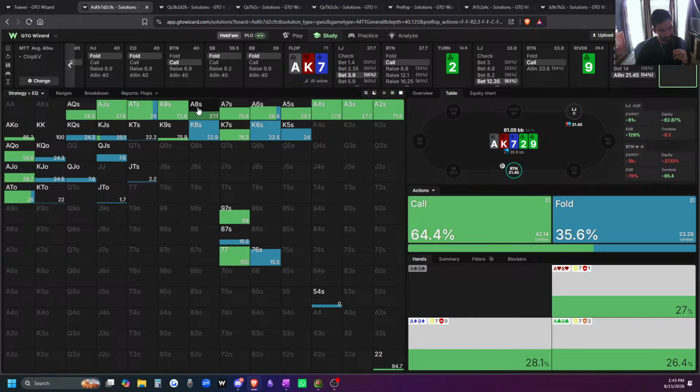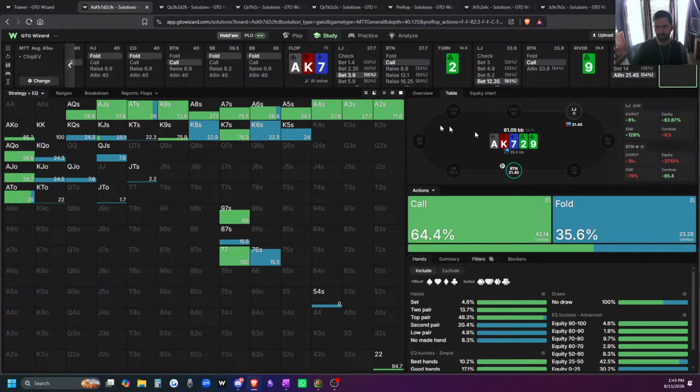So when we get to the river after call, call, they're just going to fold ace three, ace four, ace five, whatever percentage we want to give them. If we say it's high, 80% of the time, and then it just goes up from there.